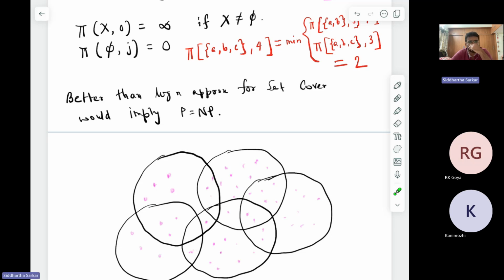There is a parameterized reduction from dominating set to set cover, so whatever is applicable to dominating set will apply.